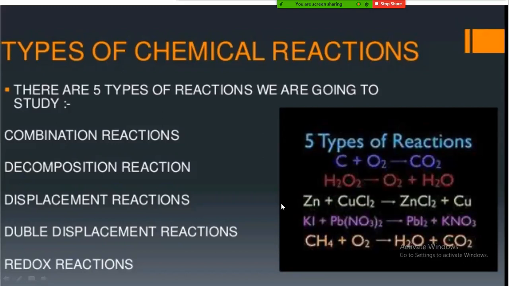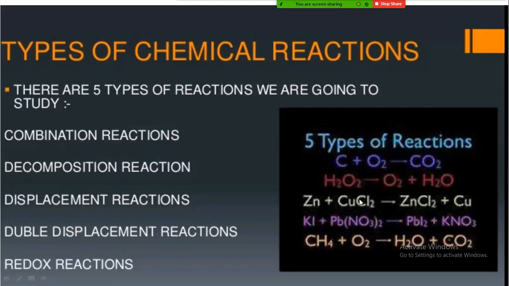Displacement reaction is where one of the reactants will lose some elements, and those elements will be combined with another reactant. See here, zinc plus copper chloride, right?